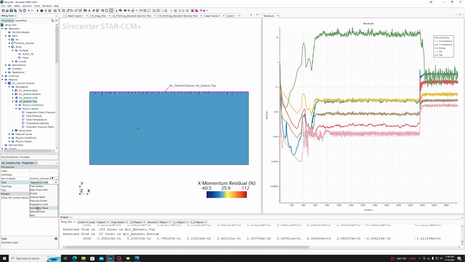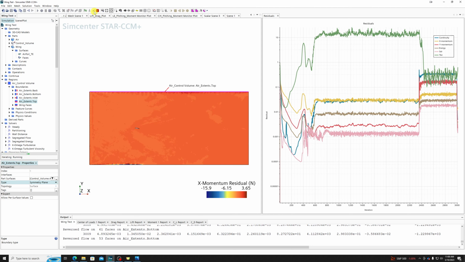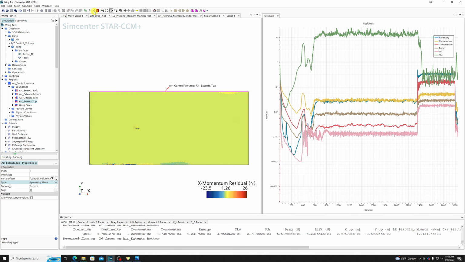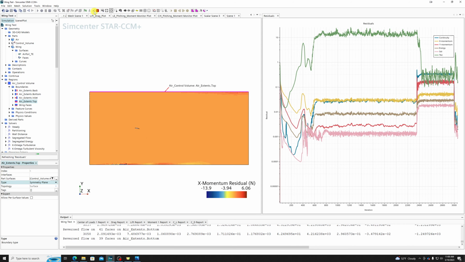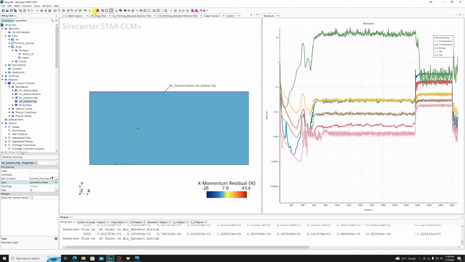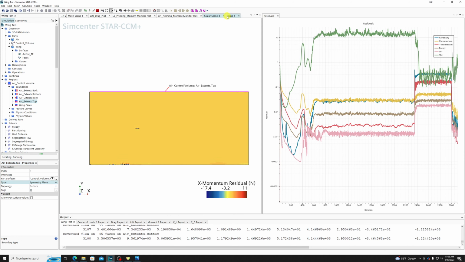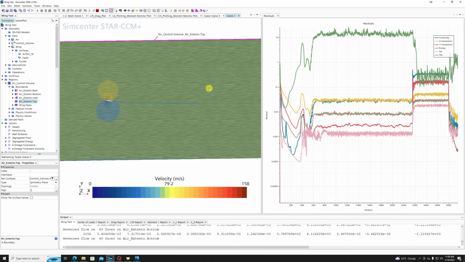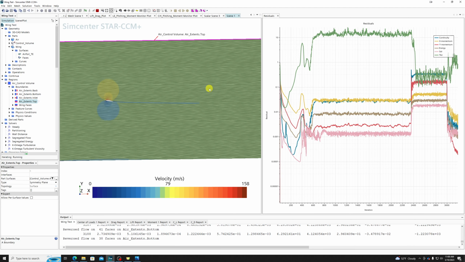Let's go ahead and make this a symmetry plane. And switch back over here so we no longer have a strobing effect going on. That seems to... I mean, it's helping the residuals quite a bit in general.